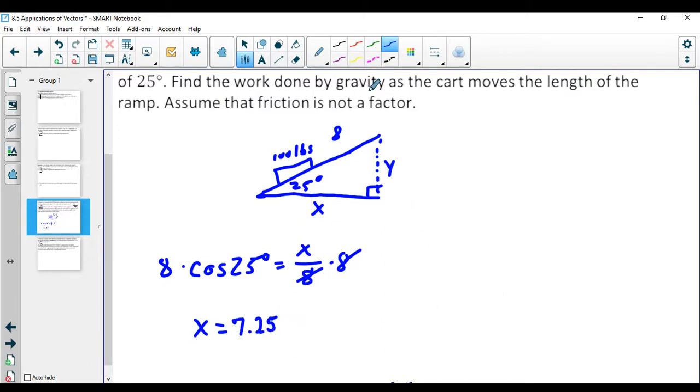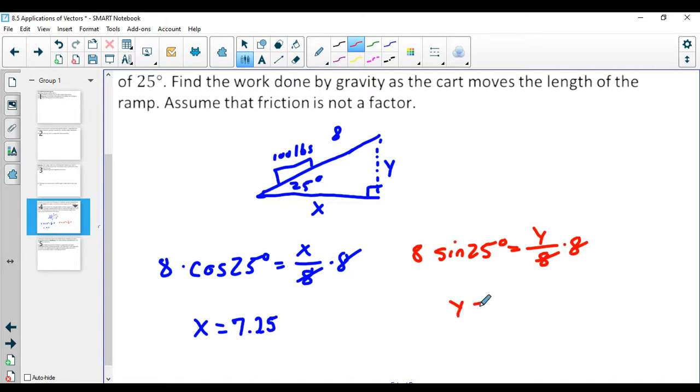And now Y, we're going to need opposite and hypotenuse, or the sine of 25 degrees equals opposite over hypotenuse, multiply the 8 over.